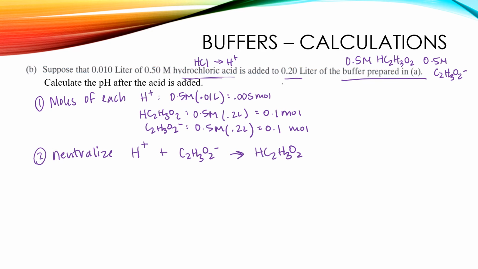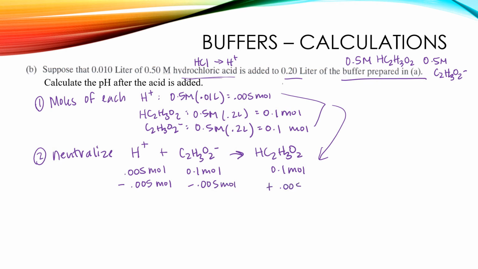Well, let me take what I got here and plug them in as my initial amount of moles. So 0.005, 0.1, and 0.1. Obviously, the hydrogen is in the limiting amount. If it wasn't limiting, then we would go over our buffer capacity. I'm going to be left with no hydrogen, which is what I needed because I needed to get rid of that addition so that my pH stays pretty much the same.